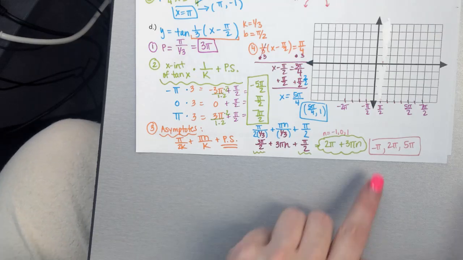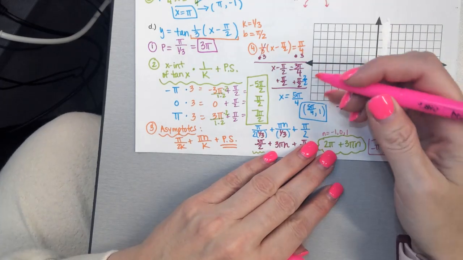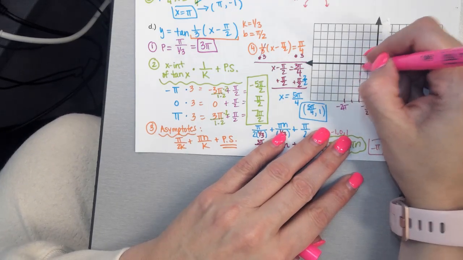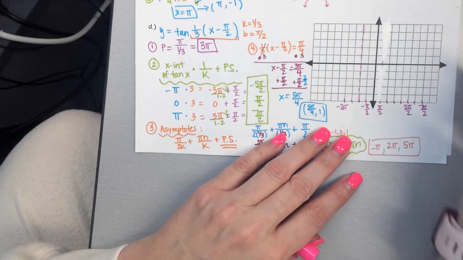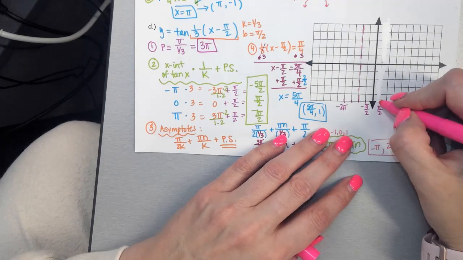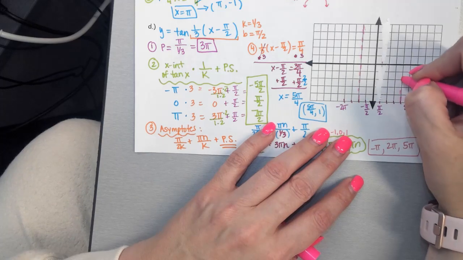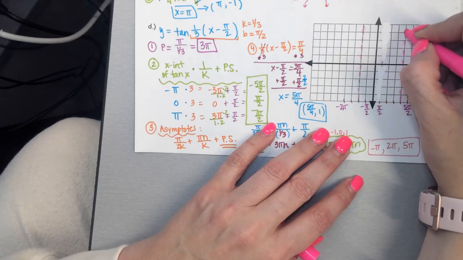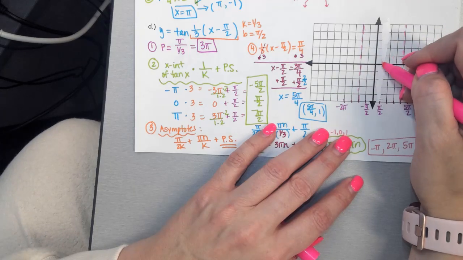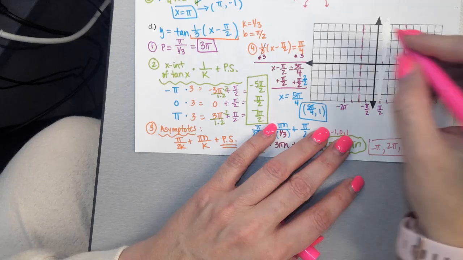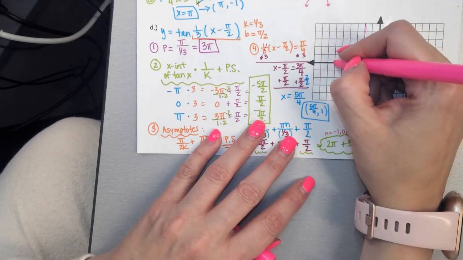Okay, so negative pi, 2 pi, so this is 1 pi over 2, this would be pi, this is going to be 2 pi, and finally we have a different scale, 1, 2, 3, 4, 5, 6.